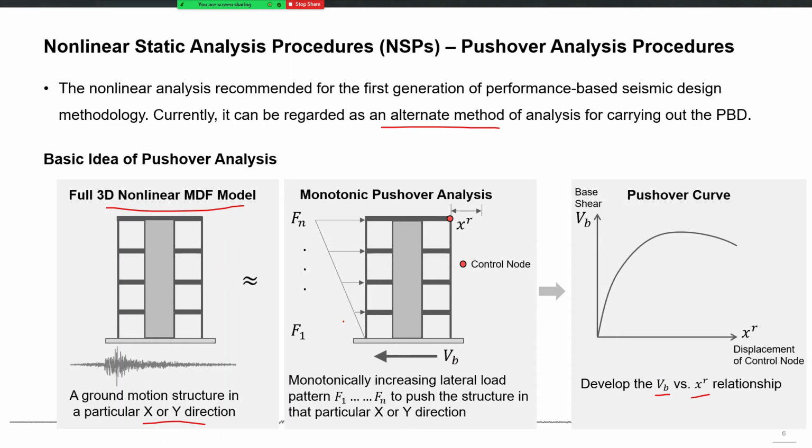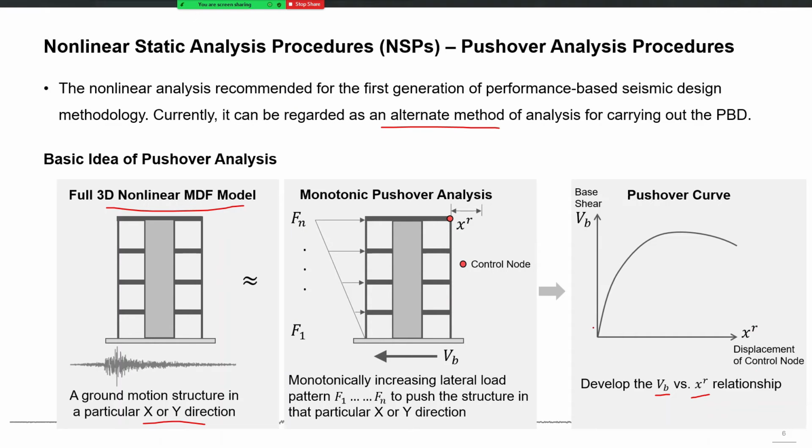Now base shear is actually the sum of all those forces which are applied as a pattern for pushing the building in the horizontal direction. So the sum of F1 up to Fn will be Vb by equilibrium, and when we plot Vb versus roof displacement or control node displacement, this will be like the overall force deformation curve for your whole structure.